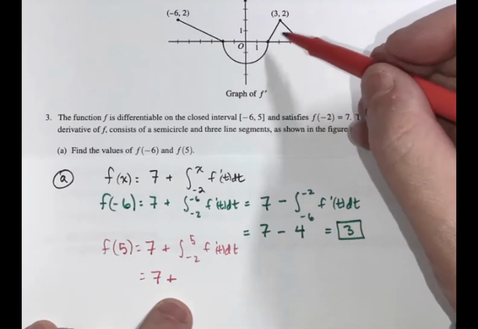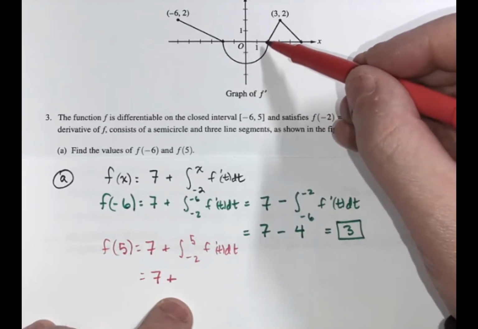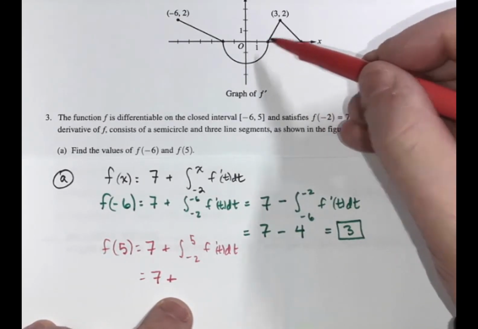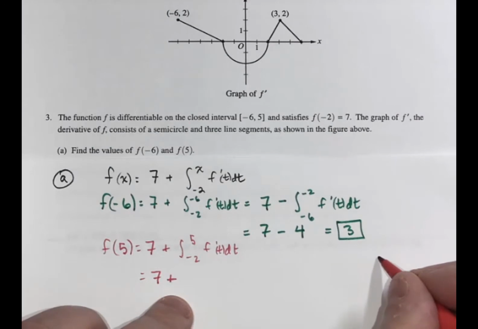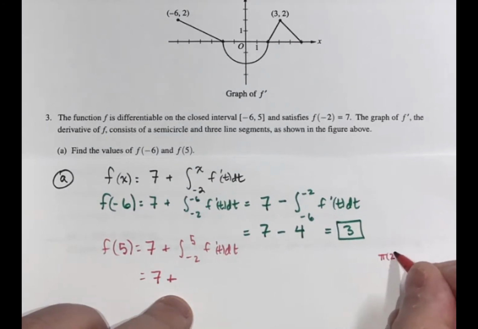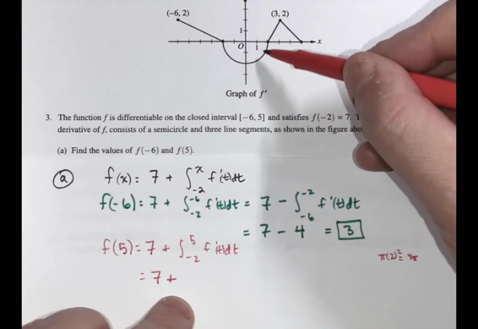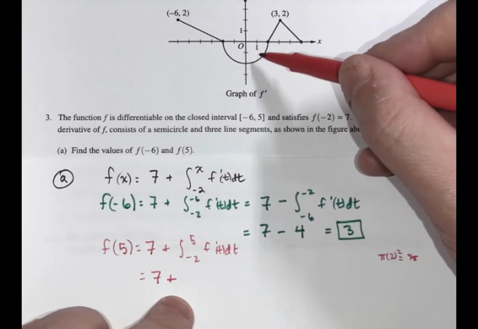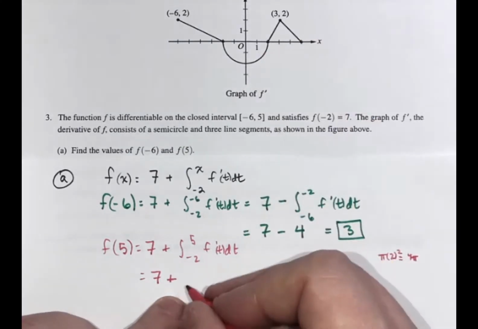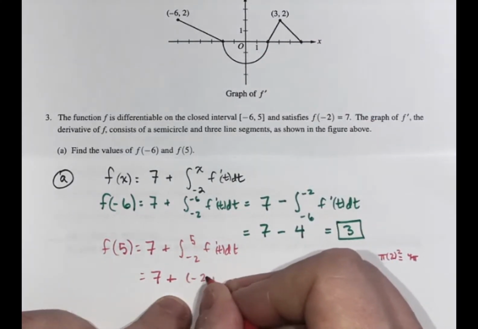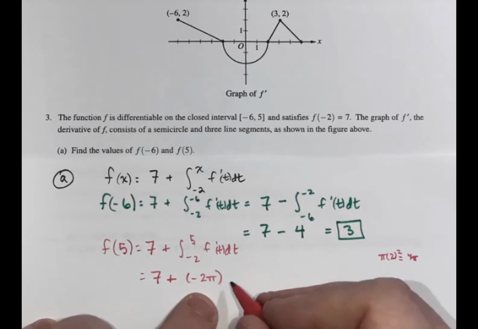The semicircle has a radius of 2, so the area of a circle of radius 2 would be pi r squared, which would be 4 pi, but we're only talking about a semicircle, so that's only 2 pi, and it's below the x-axis, so this is actually going to add on a -2 pi worth of value.